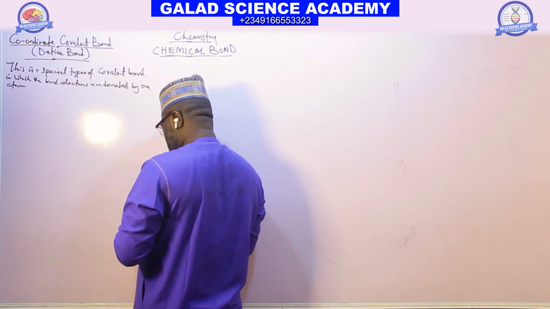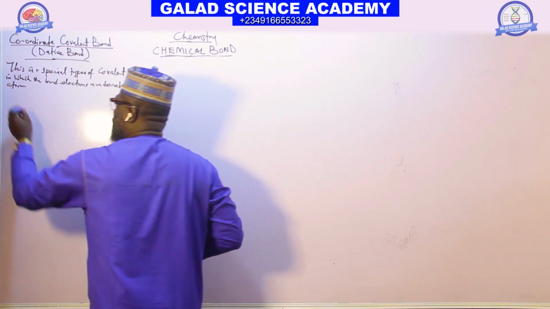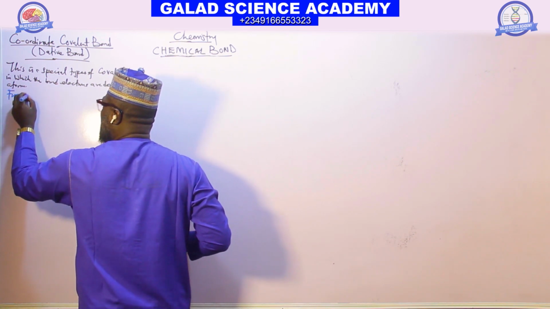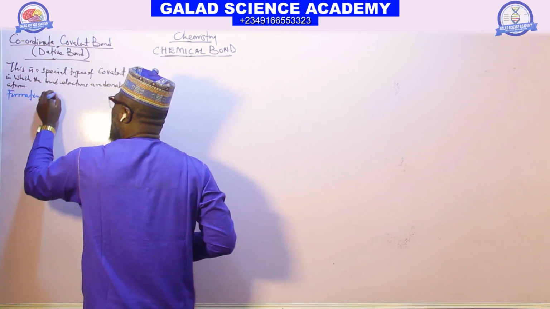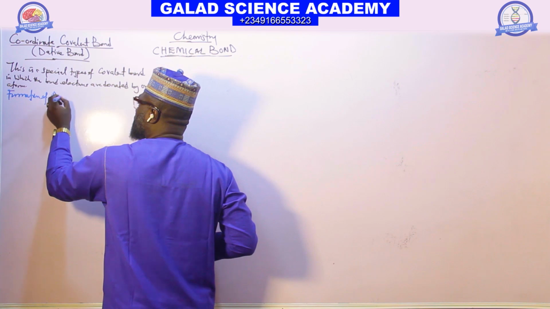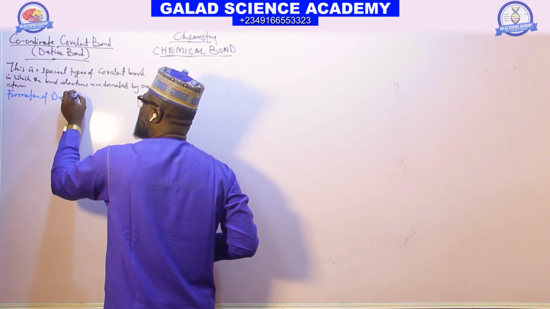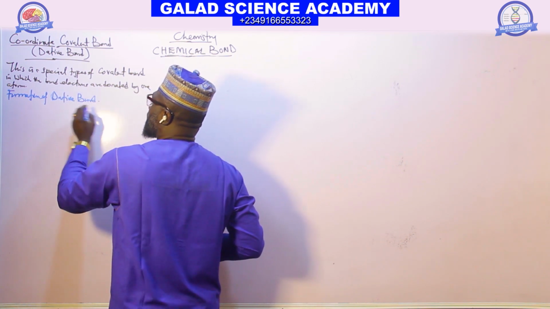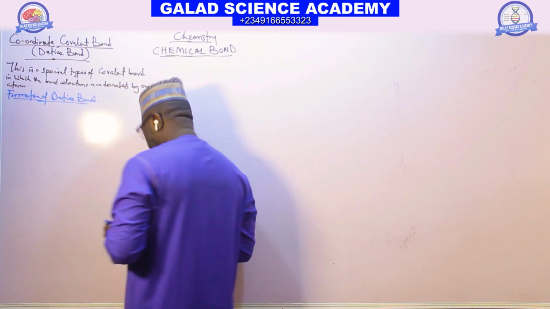Formation of coordinate covalent bond, or dative bond. Let us look at how they are formed.